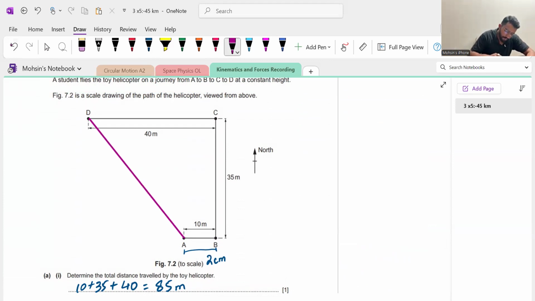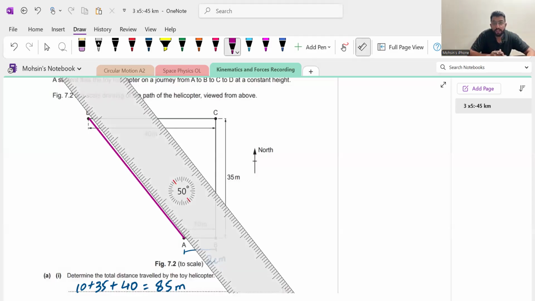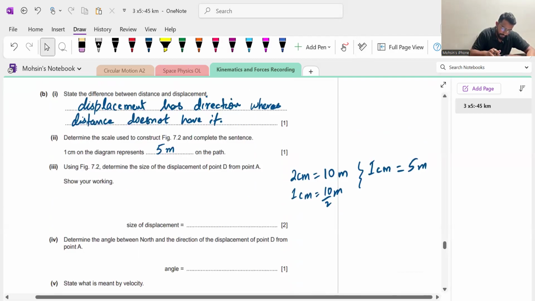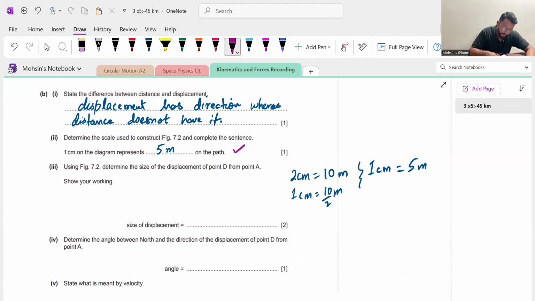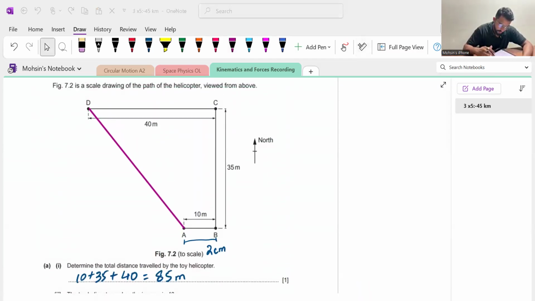I will put up my scale here and find out the distance between A and D. Then whatever the centimeter is here, I have to multiply it by 5 to get the value in meter, because they are asking the size of the displacement, so we have to give the actual answer.